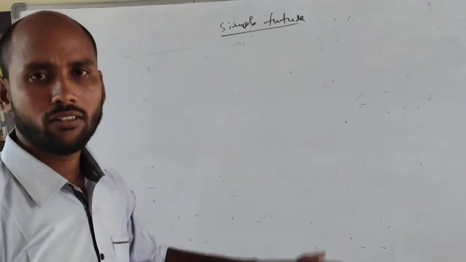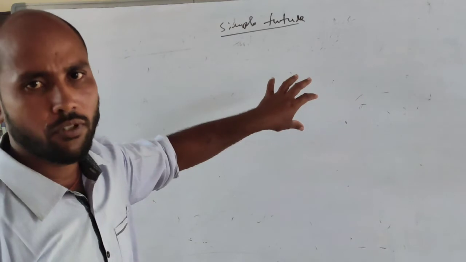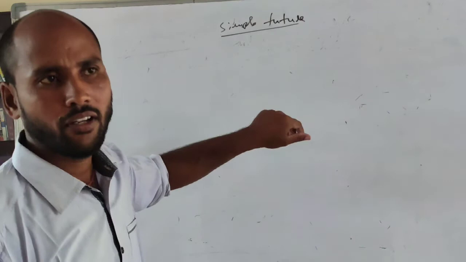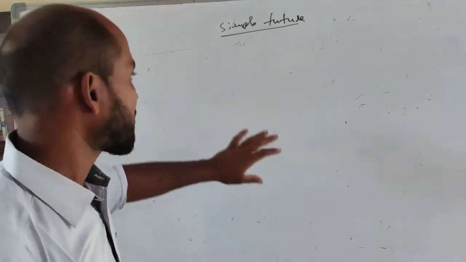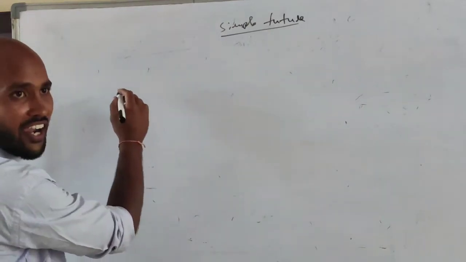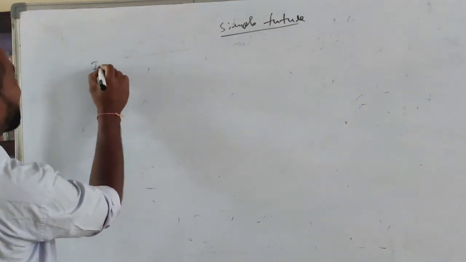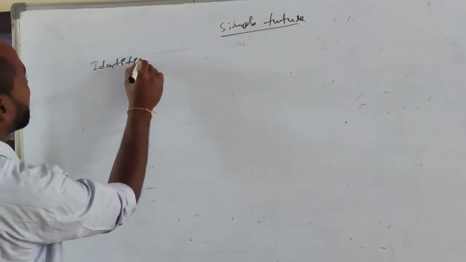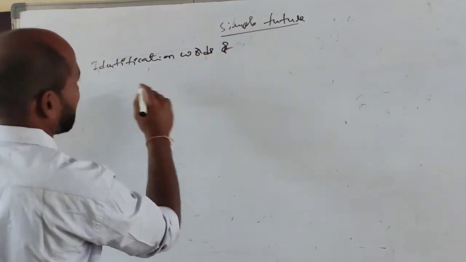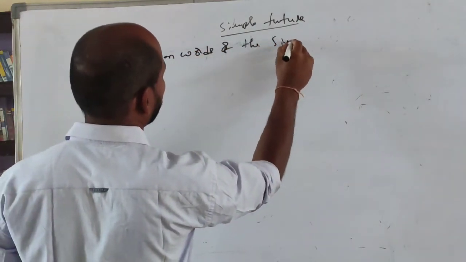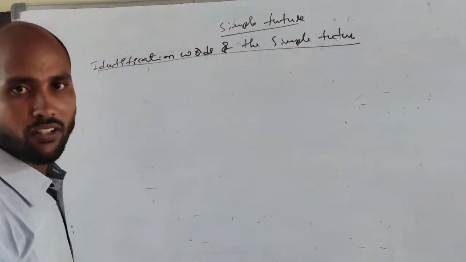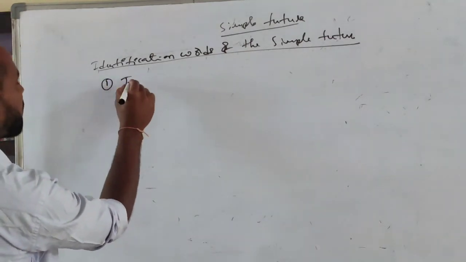I have already described the definition of the simple past tense and simple future tense, and also the identification words. Now we learn the identification words of the simple future.